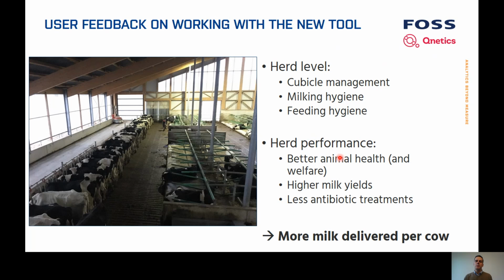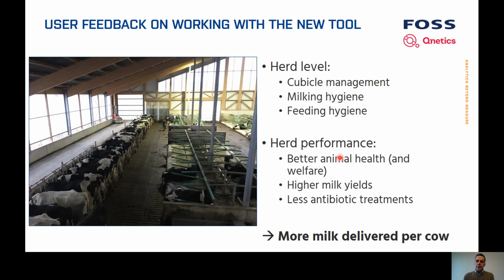In terms of cubicle management, the main finding was that, for example, working with limestone as disinfectant was seen as key in improving cubicle management, and just by increasing the frequency of applying the disinfectant showed very positive results.